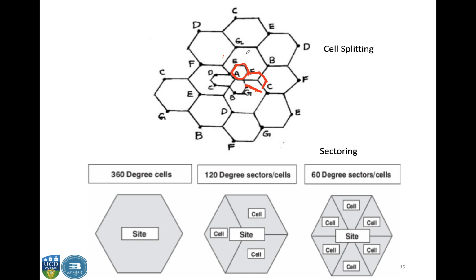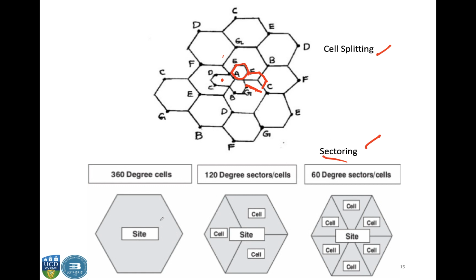So the large usage areas can be split into small cells with their own allocation of frequencies. How this splitting or sectoring increases the capacity, we will study in a later class. We will do some solved and numerical examples where you will be able to appreciate the effect of splitting and sectoring to have enhanced capacity.